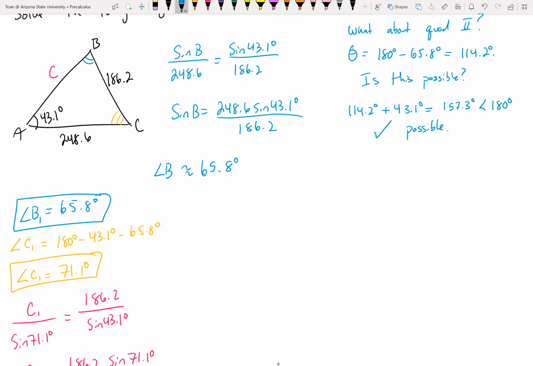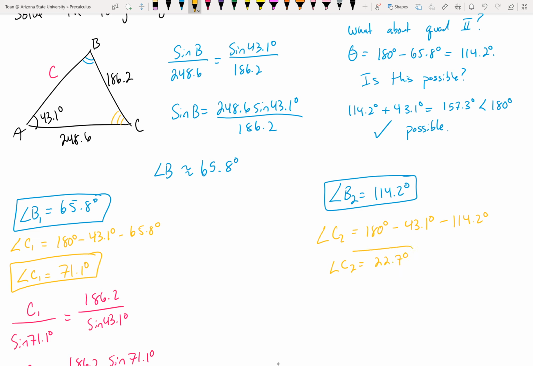So angle B sub 2 could be the obtuse angle, 114.2 degrees that we said was possible. That gives us a completely different series of information for angle C sub 2 and side C sub 2 that we have to mark down. So angle C sub 2 is going to be 180 degrees minus the given 43.1 degrees minus the 114.2 that we calculated as possibly being angle B, which gives us 22.7 degrees.